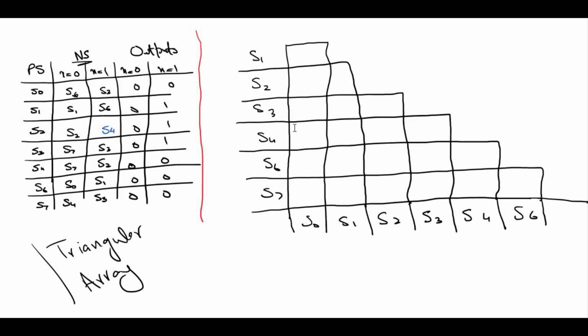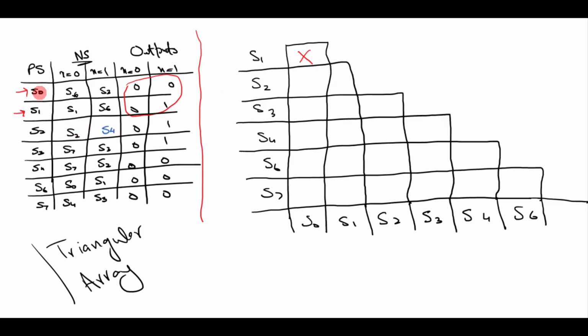In order to fill it, you have to check state by state. For example, here this is S0 and this is S1. Their outputs are different, so S0 and S1 cannot be equivalent.